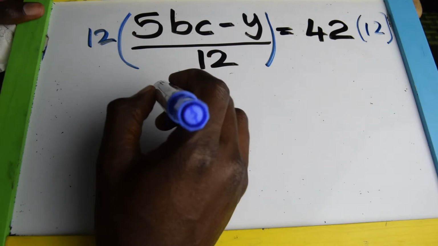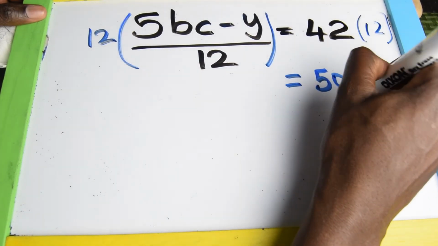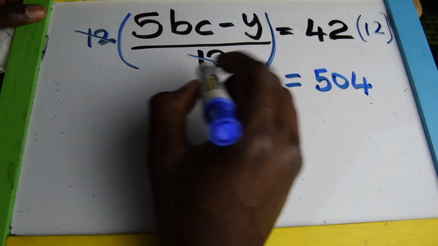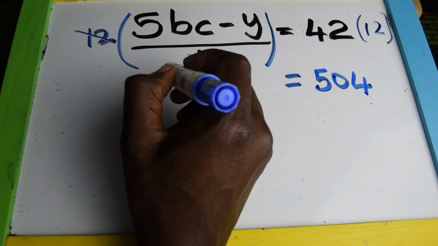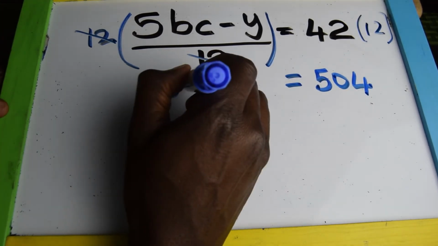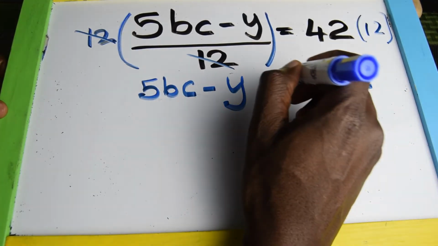So this side you have 504, and on this side this 12 and this 12 cancel out. So you only have 5bc minus y equal to 504.